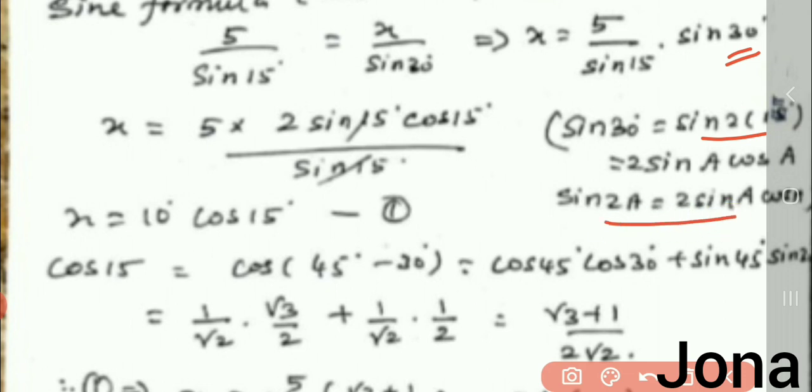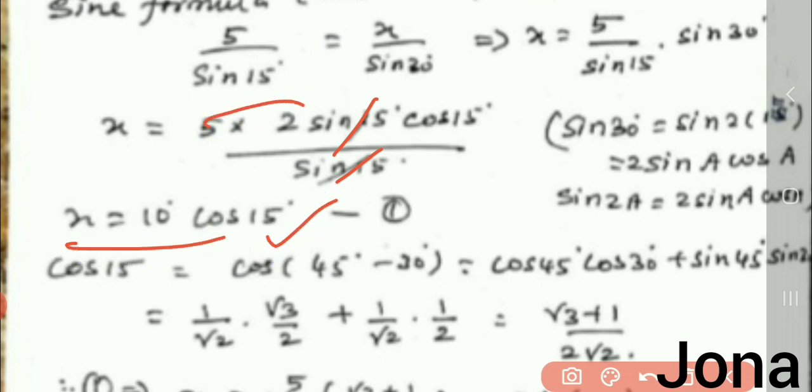So sine 2 into 15 is equal to 2 sine 15 into cos 15, divided by sine 15, and this 5 here keep as it is. Then I can cancel this sine 15 and sine 15. The remaining things are 10 cos 15. So we got x equals 10 cos 15.